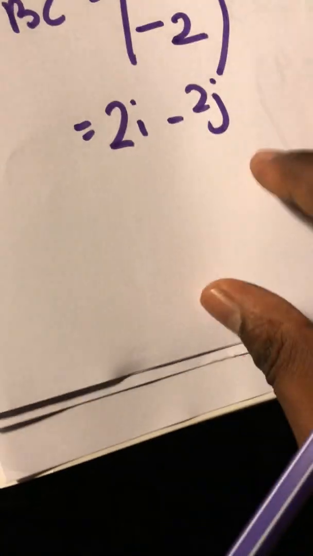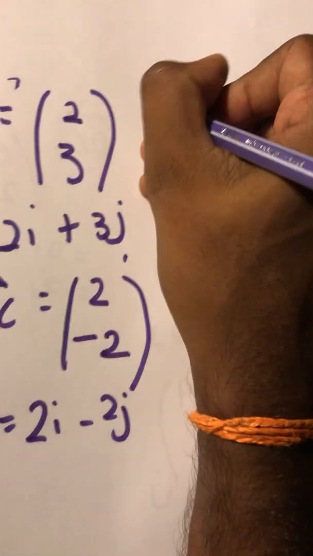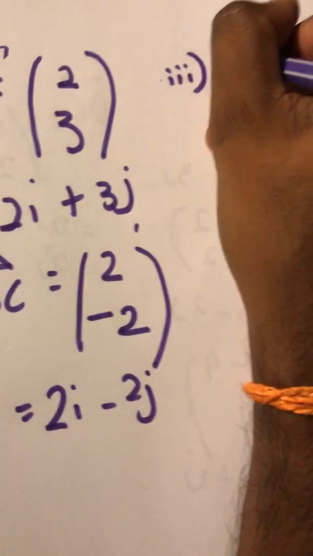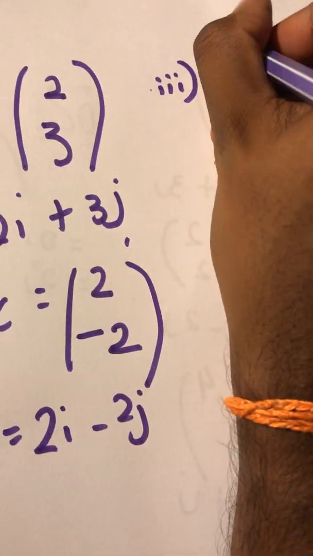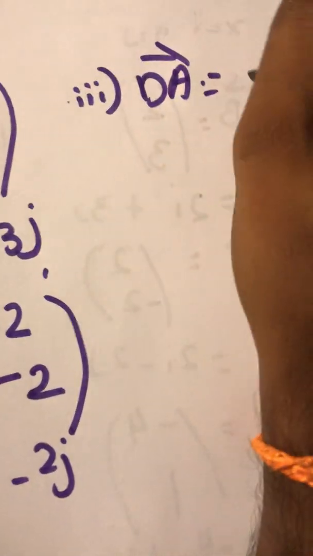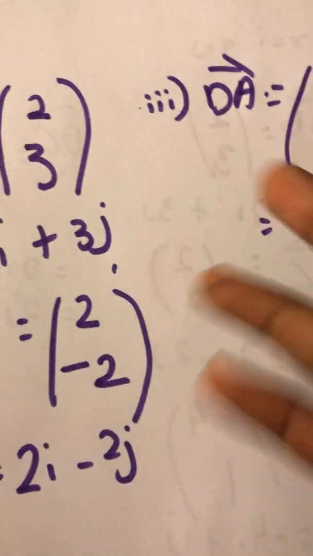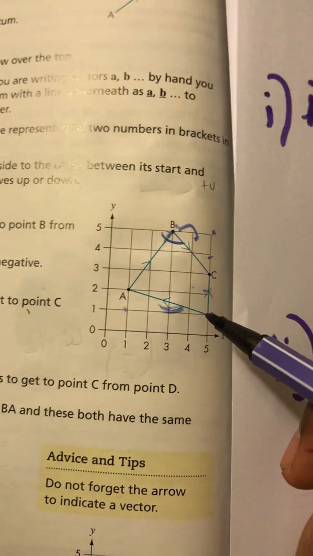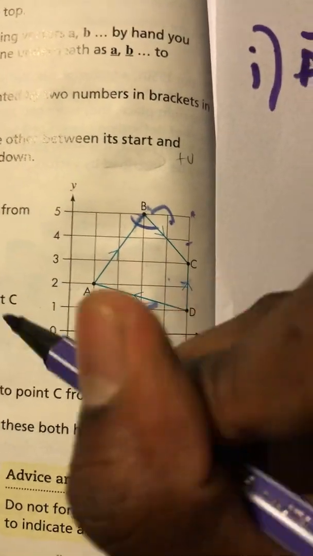Moving forward, let's do another example. Sorry, I don't have enough space. Let's say I want to find D to A, guys. For D to A, same thing, I can write like this or in ij form, doesn't matter. I want to go from D to A. You see, from D to A, I'm going towards my left.